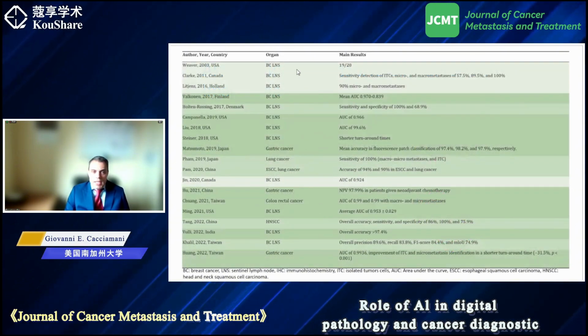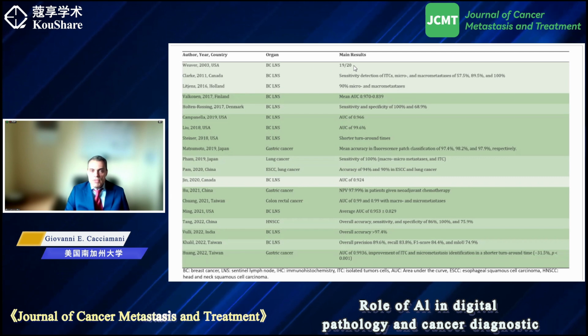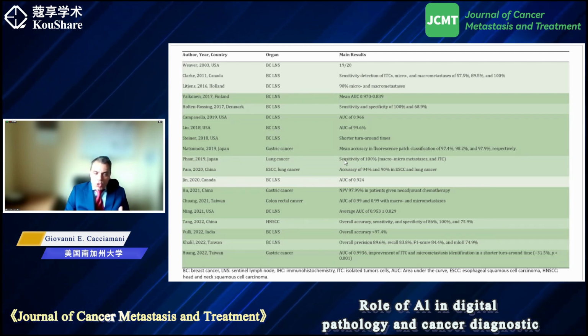For other settings, there is for the time being a tremendous amount of studies showing the potential of the system. In fact, you can see that the accuracy in the recognition of lymph node metastasis varies from very high, 90, 95, up to 99% and more in different studies. Of course, we should go deeper and evaluate how visible those metastases were at the microscope.